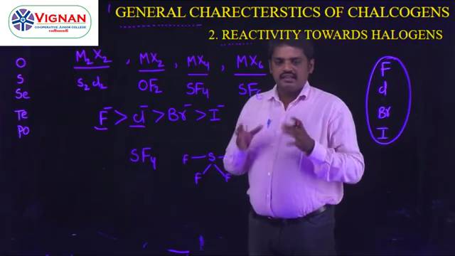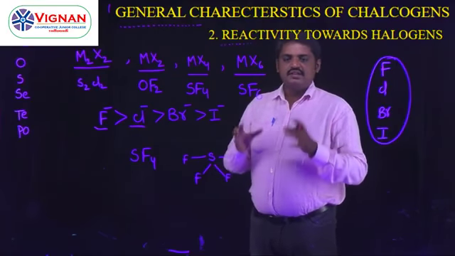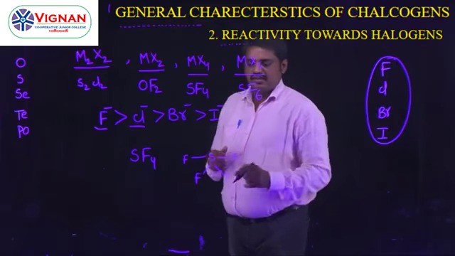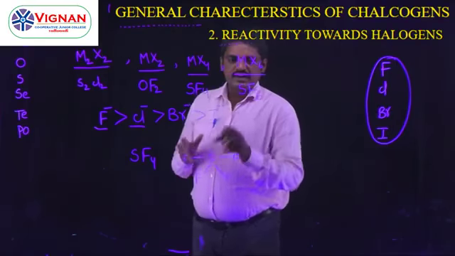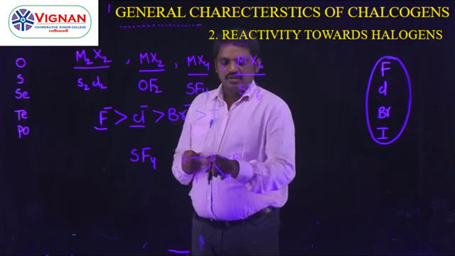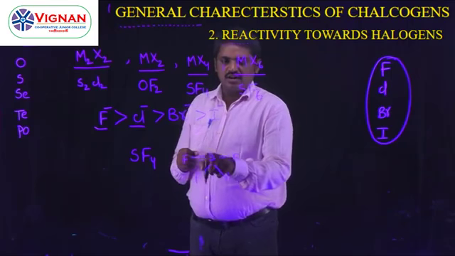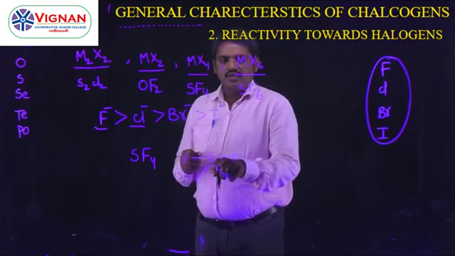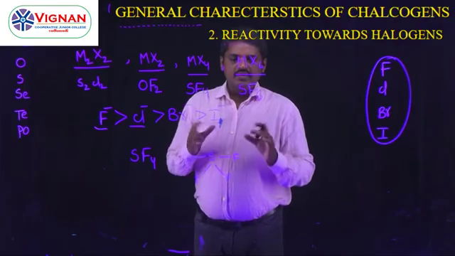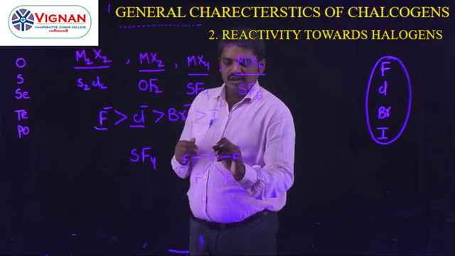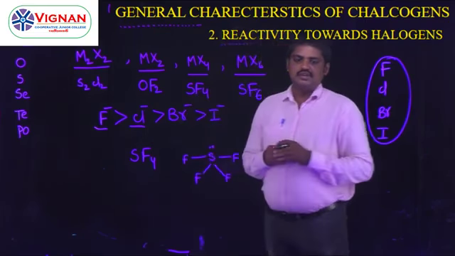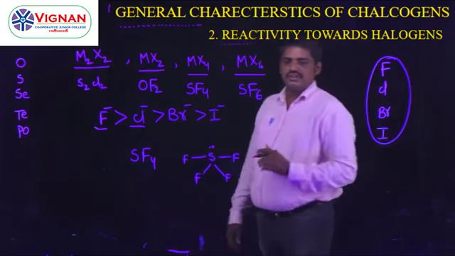Of the 6 valency electrons, 4 are participated for the formation of fluorine bonds, and the remaining 2 electrons are involved for the formation of a lone pair.